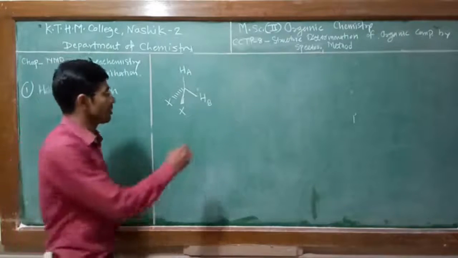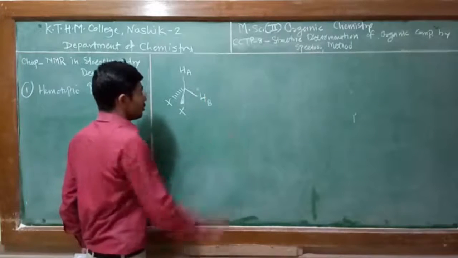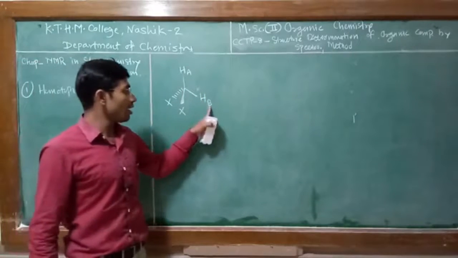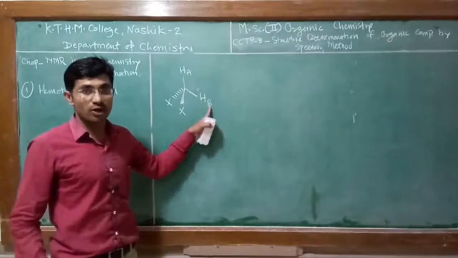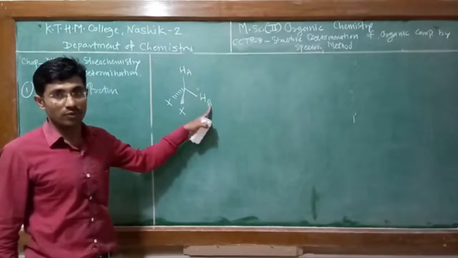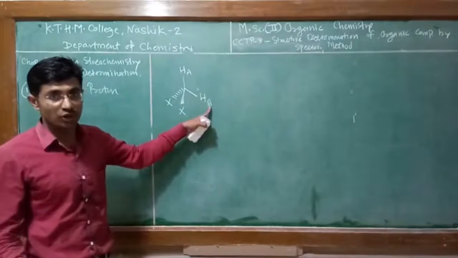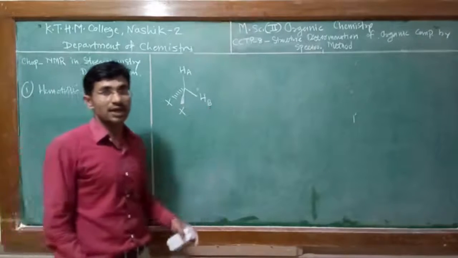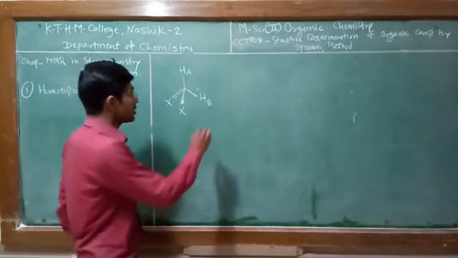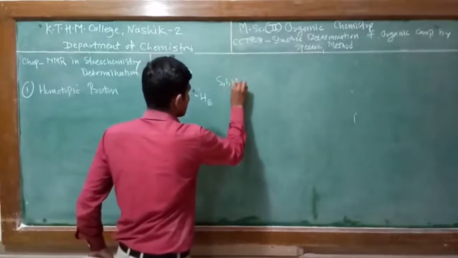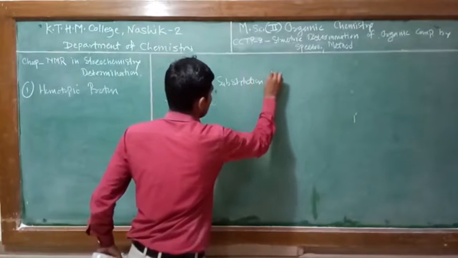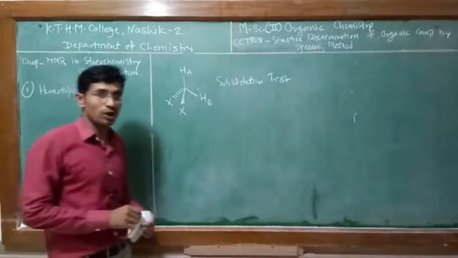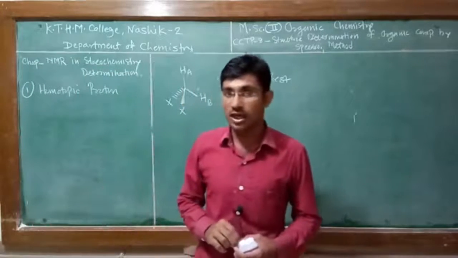To identify whether HA or HB are homotopic, anisotropic or diastereotopic, we perform one test. That test is the substitution test. With the help of this test we can recognize whether our proton is homotopic, anisotropic or diastereotopic.